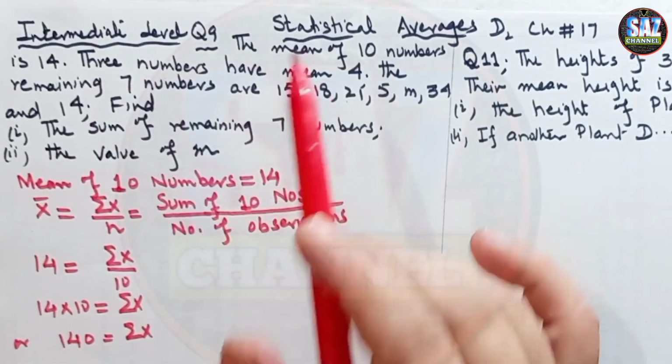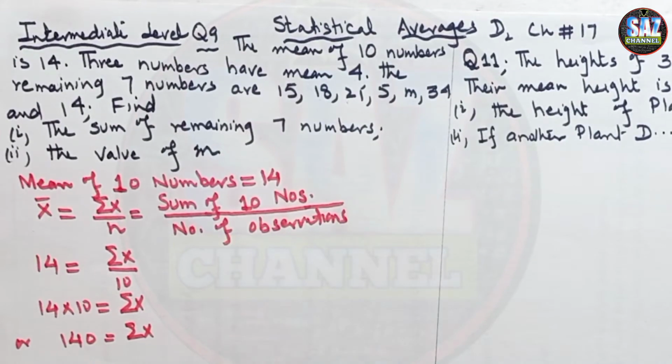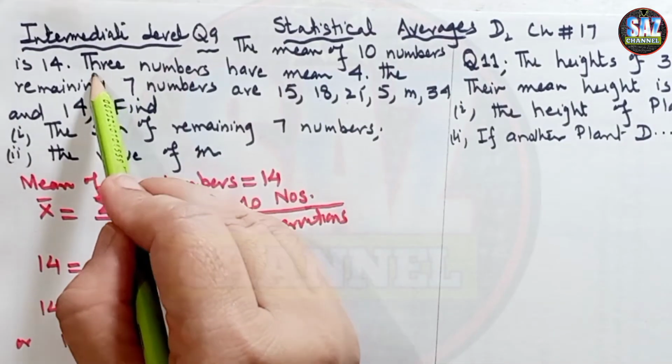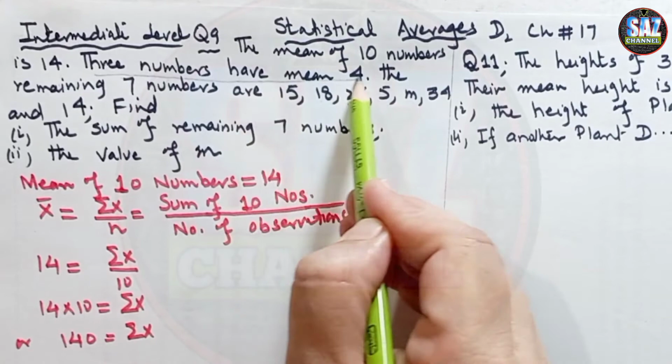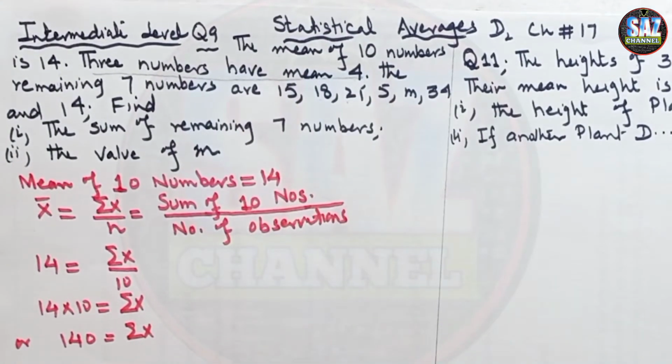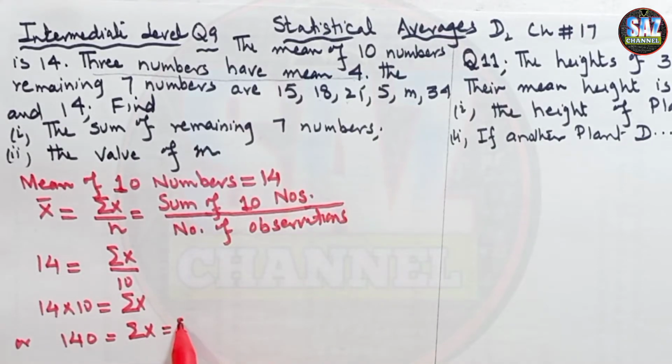With the help of this line, we will be finding the sum of 3 numbers.